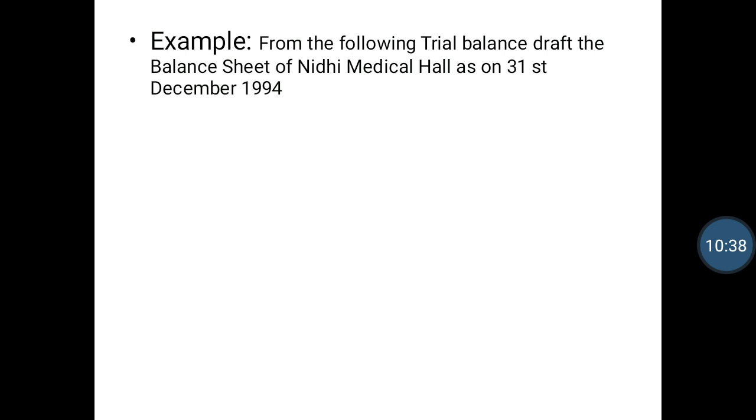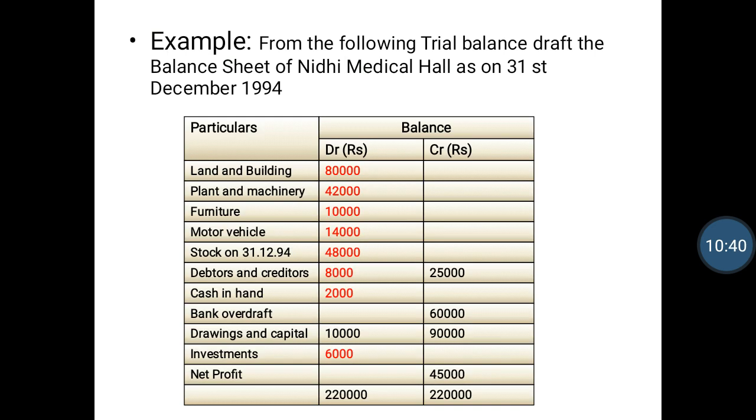After that, select the liabilities. So this red marking indicates that all are assets. Okay, so the remaining black color amounts indicate that all are the liabilities.